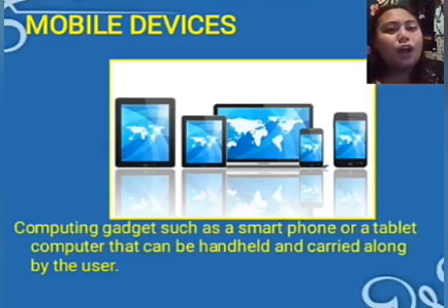A laptop is also a mobile device because you can bring it anywhere you go. Phones, of course, but the most versatile mobile device is the cell phone, or rather the smartphone. In the midst of the pandemic, as you can see, we do our class online using phones, almost all of the students use phones, or we can answer our tasks through phone. We can search for the knowledge or the lesson that we don't understand through phone, almost all of the students.